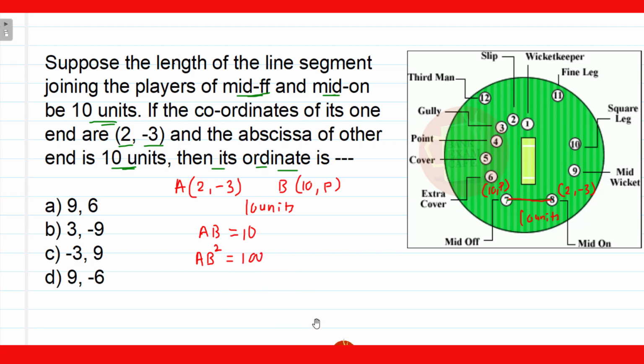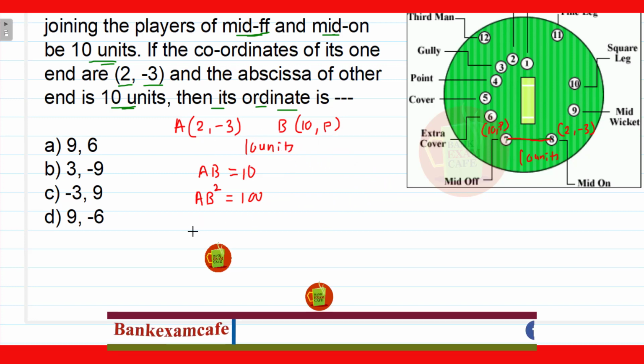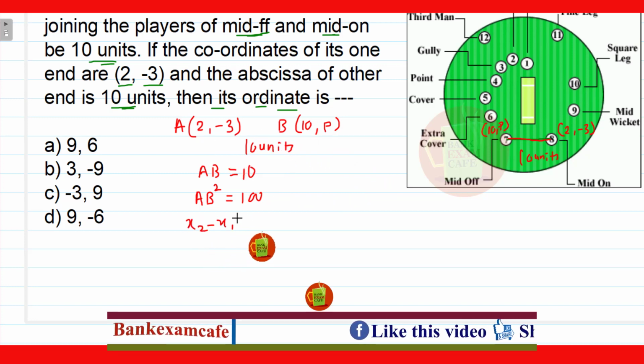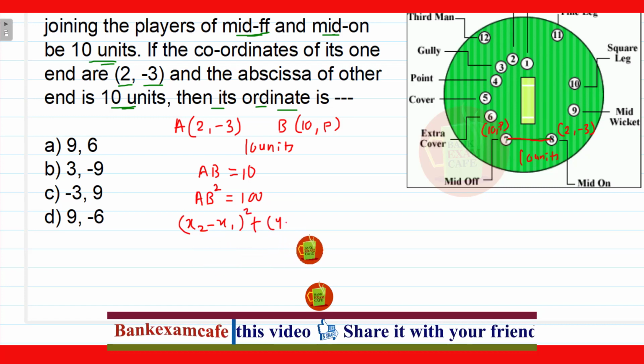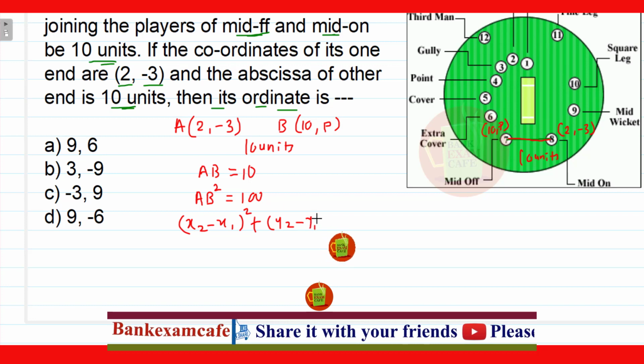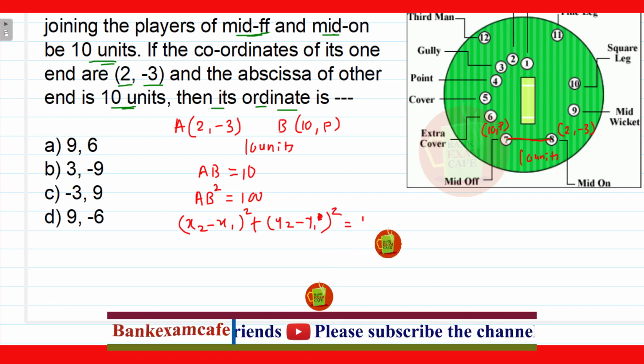Now we will use the distance formula to find AB square. So (x2 minus x1) square plus (y2 minus y1) square will be AB square, so the square root will not be there. So (x2 minus x1) square plus (y2 minus y1) square is equal to 100.